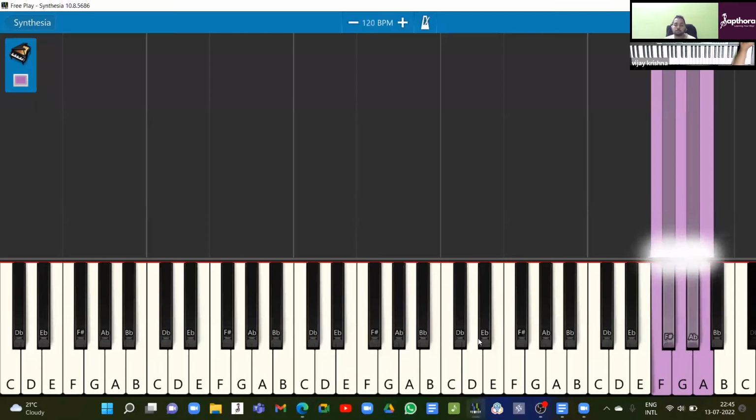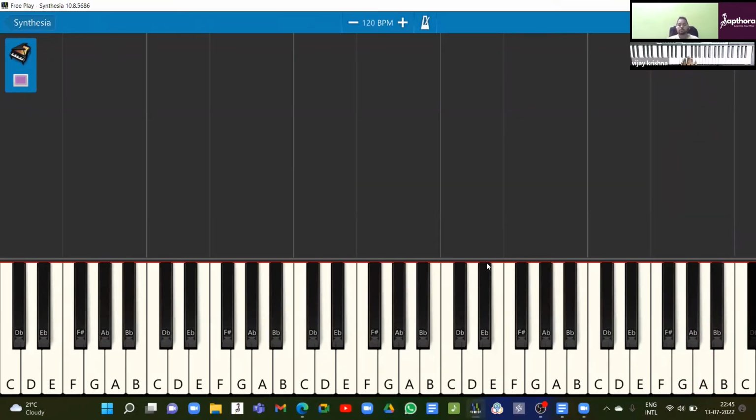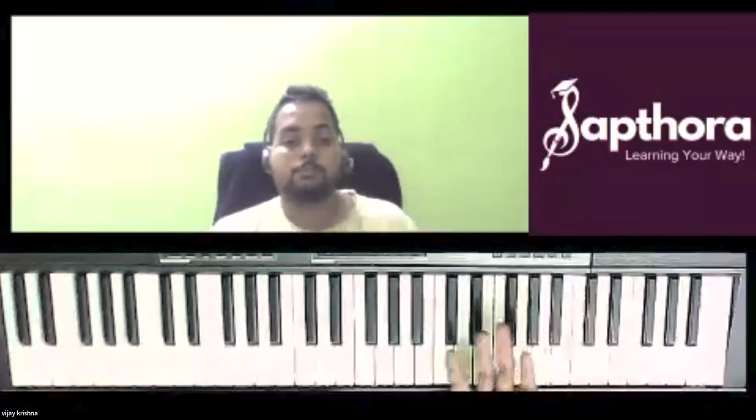So when we go to the virtual piano, it goes like this, starts with C. G, G, F, E, D. So it goes like this in the virtual piano, and we'll go to the real piano.